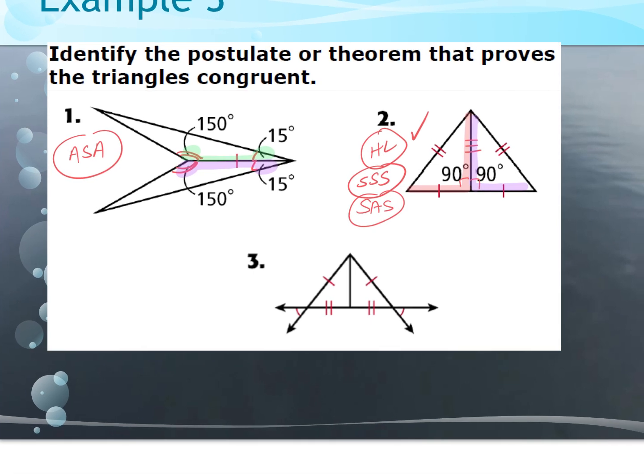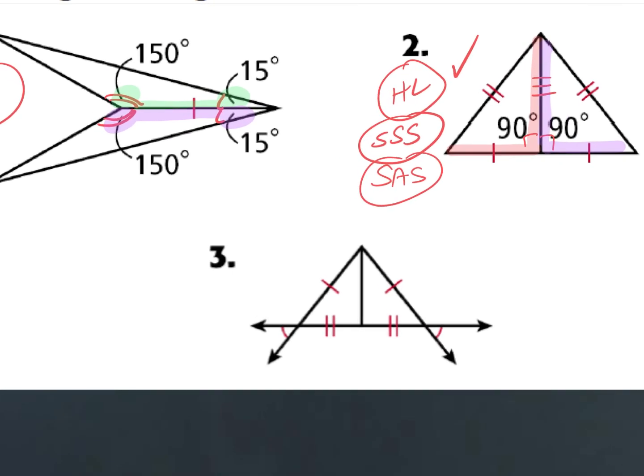And then I go to the last one, and I start trying to figure this one out too. Notice that I know that this line equals itself. And so notice it's segment 1, segment 2, segment 3 is equal to 1, 2, and 3. So side, side, side works. Okay.